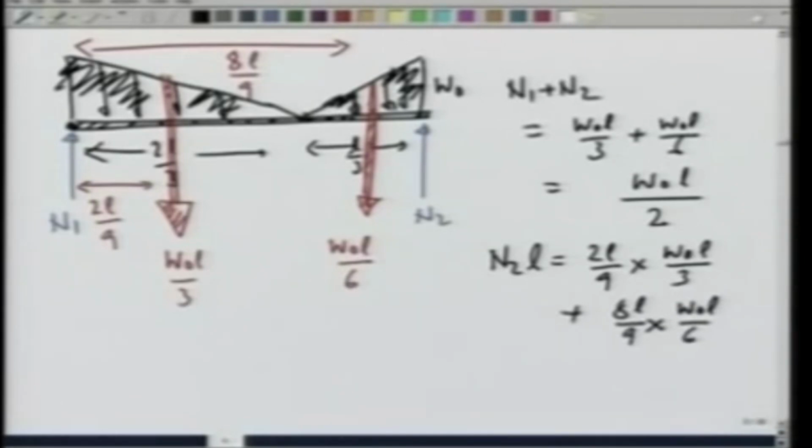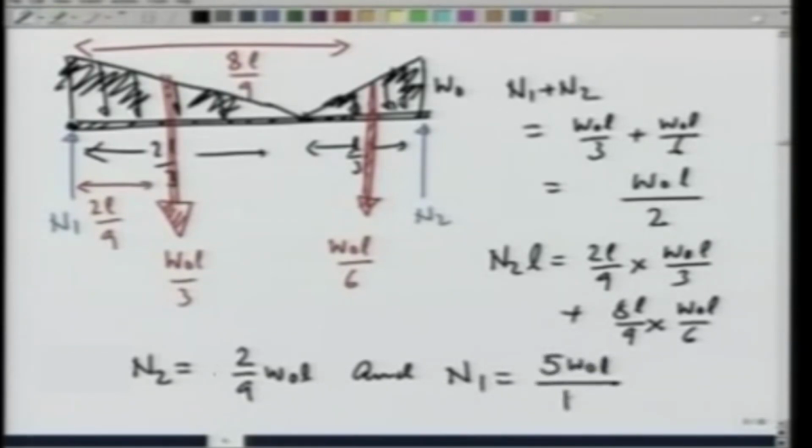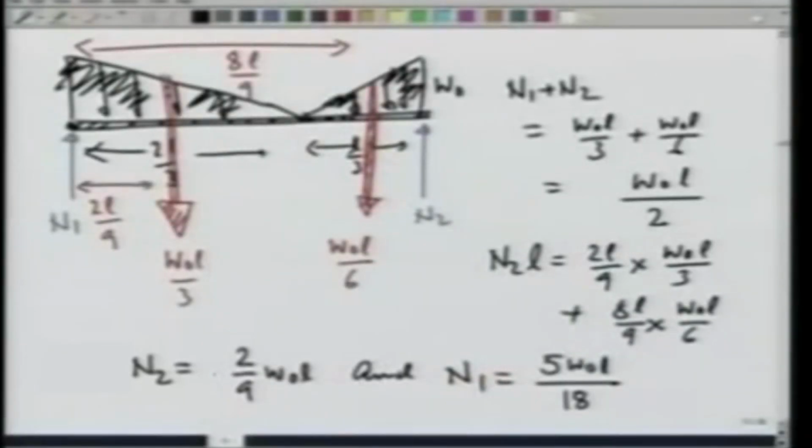When I solve the two equations, I get N2 to be equal to 2/9 W naught L and N1 to be equal to 5 W naught L over 18. So, that is how we have used the concept of centroid in finding out where effectively the force given by a distribution acts, what is its moment, and then applying regular point force diagrams to calculate the reaction forces and so on.